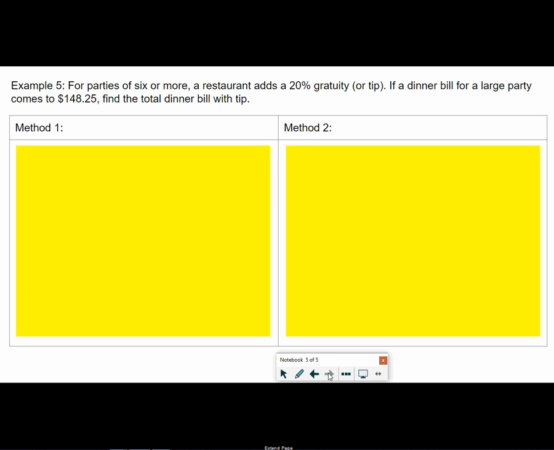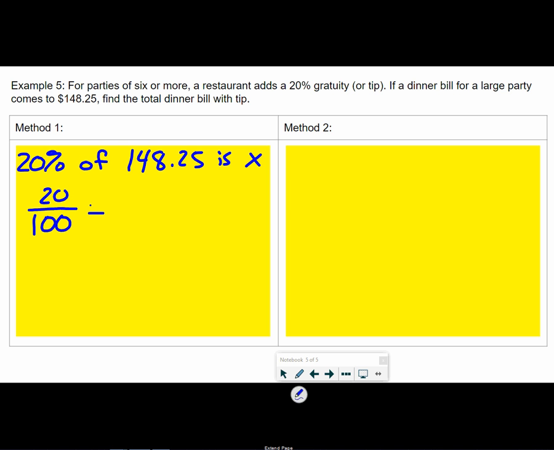Last example. We do both methods. For a party of 6 or more, a restaurant adds 20% gratuity. If the bill for a large party comes to $148.25, find the total bill with tip. So method number 1, I'm going to do 20% of $148.25 is X. So I do 20 over 100 equals X over 148.25.